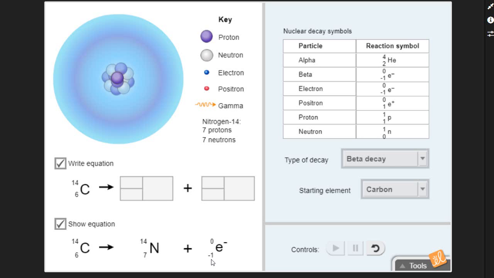Beta negative decay. We're talking about 3 different types of decay: alpha, beta negative, and beta positive. So, if I see an E at the end, it's some kind of beta. I see a negative with it, not negative E. I don't write mine like that. I write negative 1. You see a negative 1, that means beta negative. Okay? Last kind.